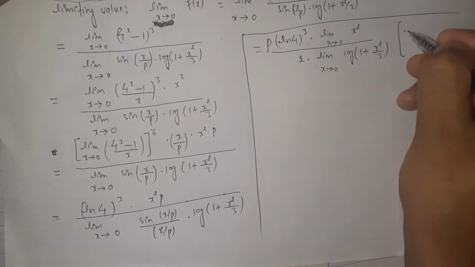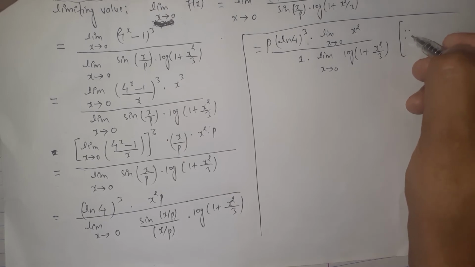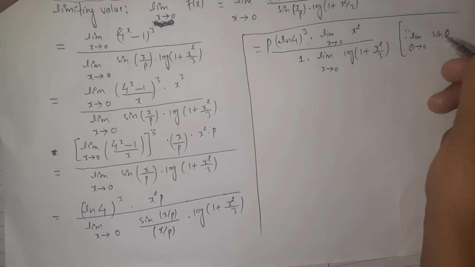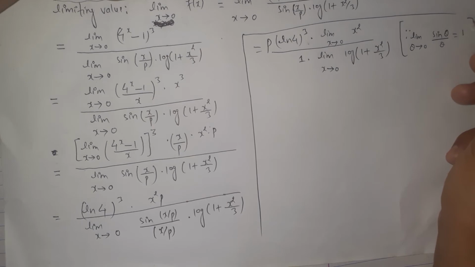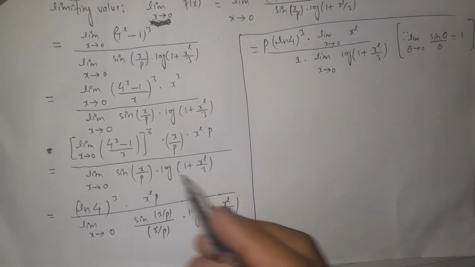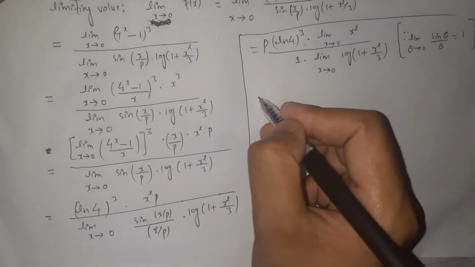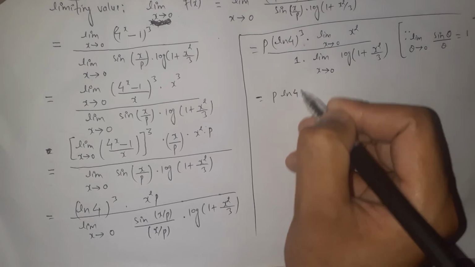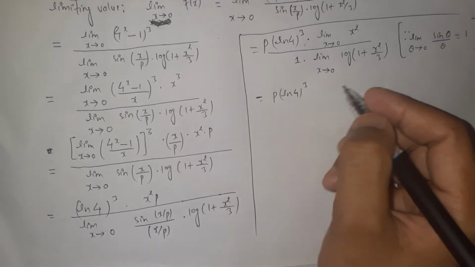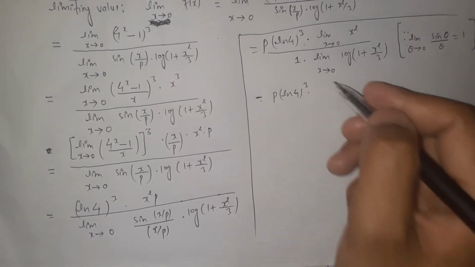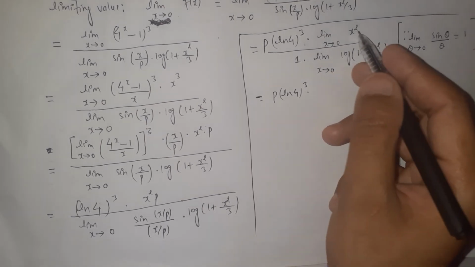Here we just use the formula of the limit when theta approaches 0, sine theta over theta gives the value 1. Please memorize this formula, and theta is measured in radians. Let's simplify it. Pi times ln of 4 to the power cube times the limit of this x square.